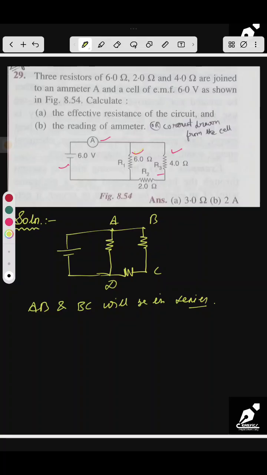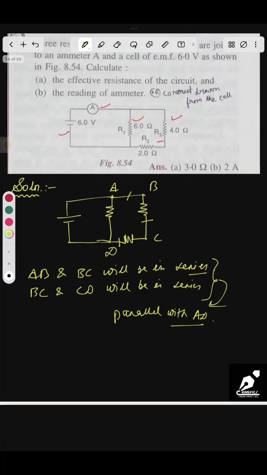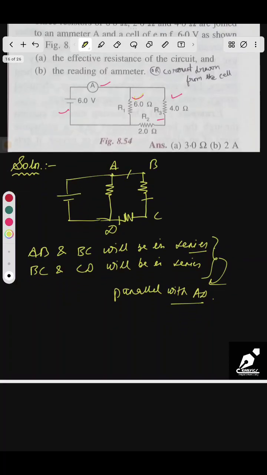If I say that, will you agree with me? BC and CD will again be in series. And this branch and this branch will be in series, and their combination will be in parallel with AD. Now I'm going to say why.